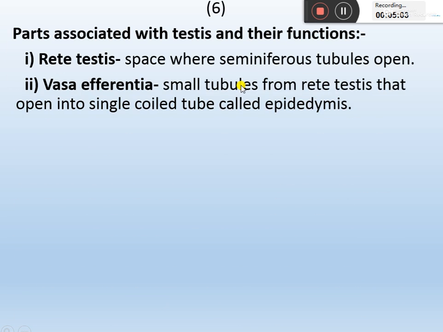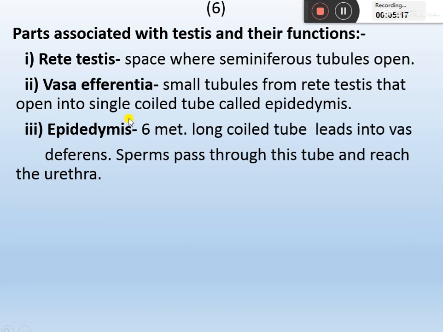Parts associated with the testis and their functions. The rete testis is a space where the seminiferous tubules open. The vasa efferentia are small tubules from the rete testis that open into the single coiled tube called the epididymis. The epididymis is a 6-meter long coiled tube that leads into the vas deferens.